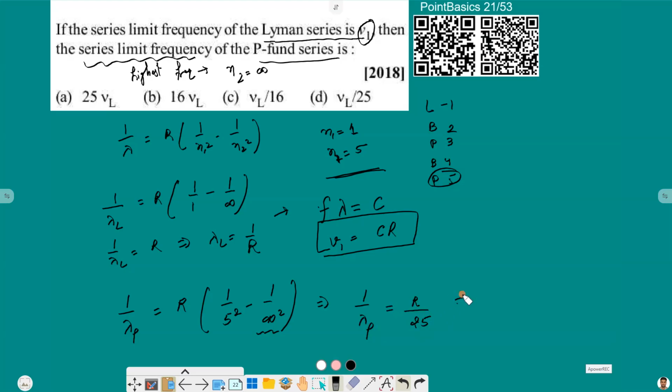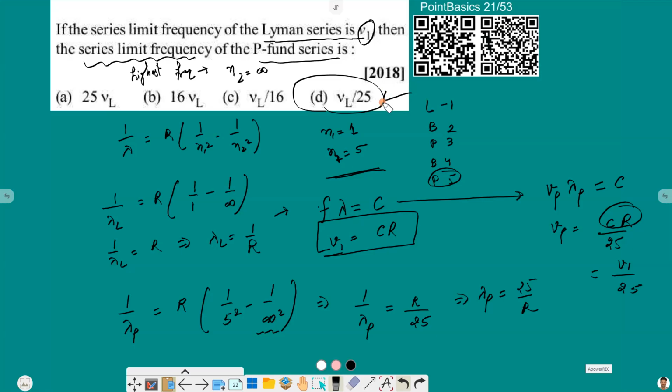From this, we can write that lambda P is equal to 25 by R. Now, using the same relation, for the Pfund series, let's say frequency is nu P, nu P into lambda P is equal to C. So nu P will be equal to C by lambda P, that is RC by 25. And this RC is equal to V1. So this is basically V1 by 25. That is option D. So option D is the right answer.